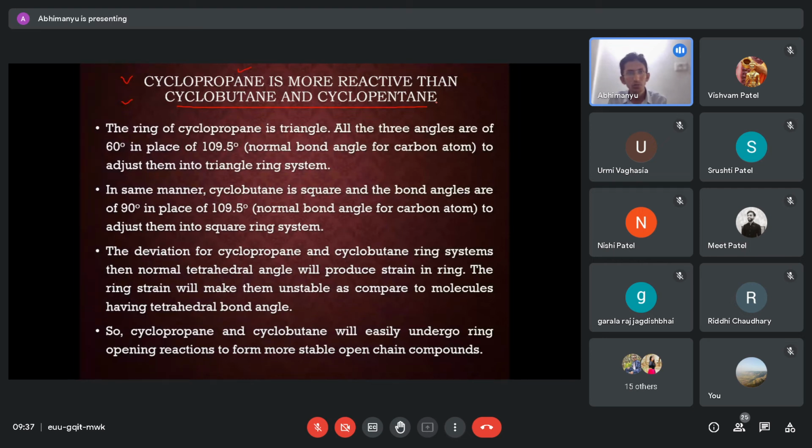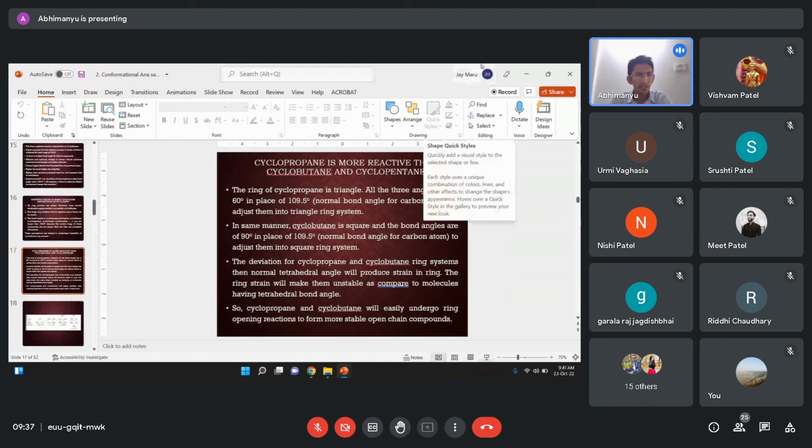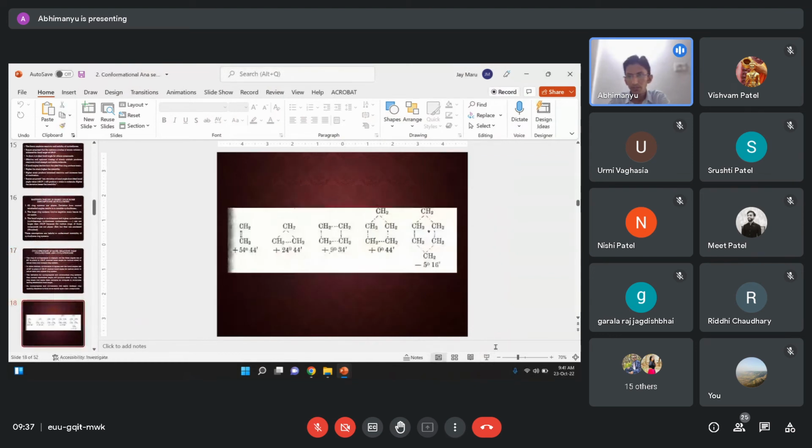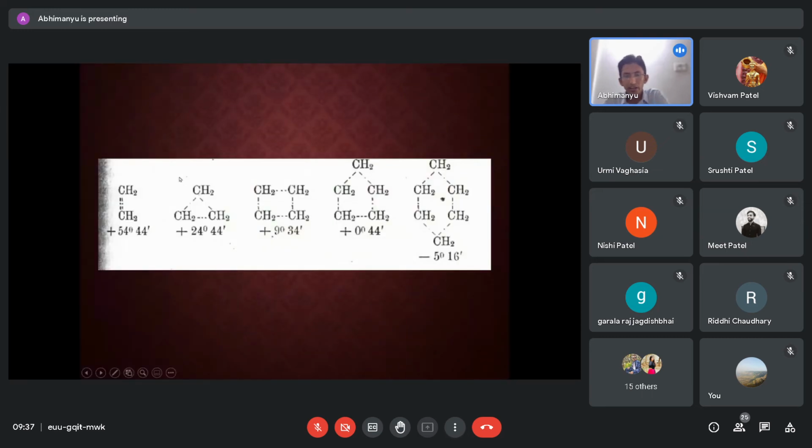It is not up to cyclopropane, cyclobutane, and cyclopentane only. If I want to add more, yes, I can also add the example of cyclohexane.